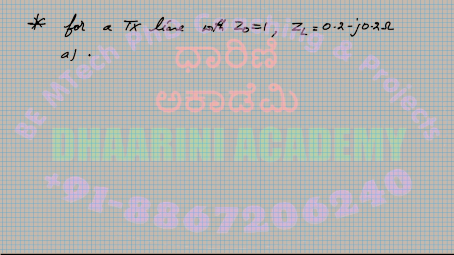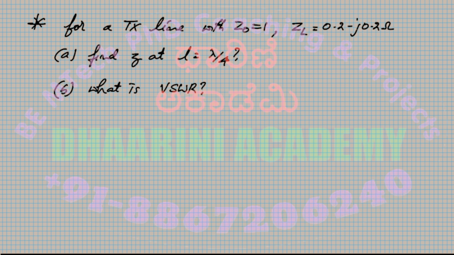Part A of the question: find the Z at L equal to lambda by 4. Then part B of the question: what is the VSWR? These questions are the same, but now I'll change the next part of my question.